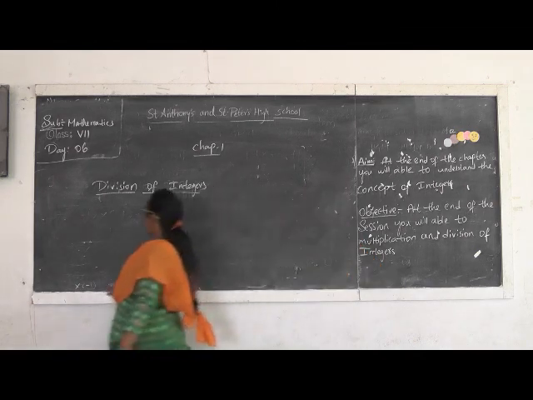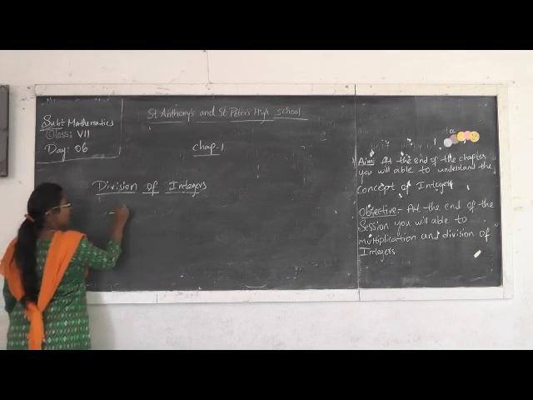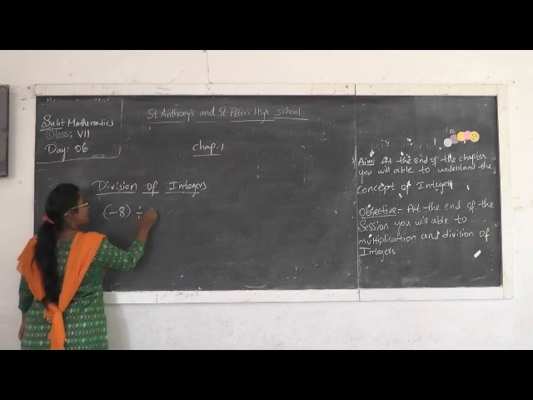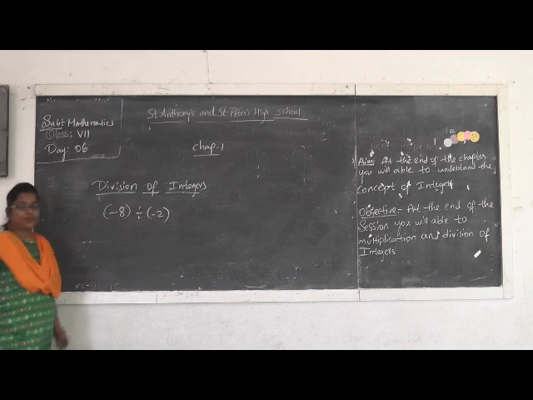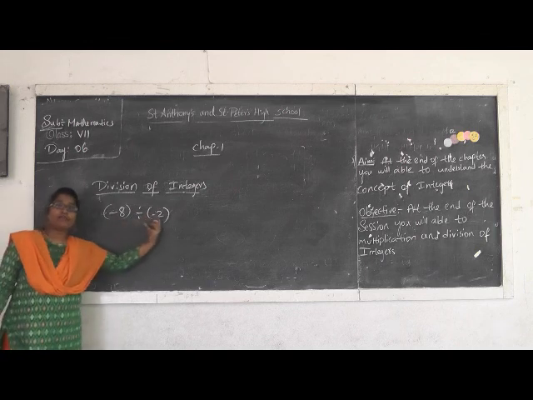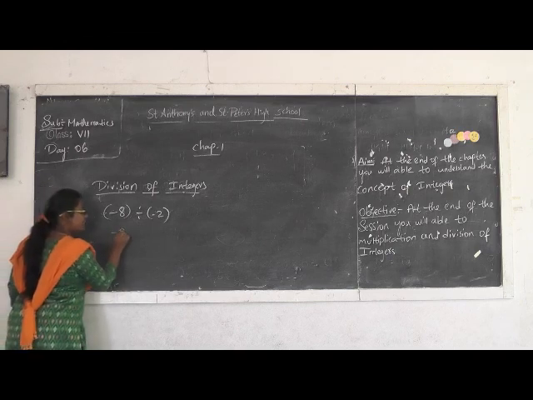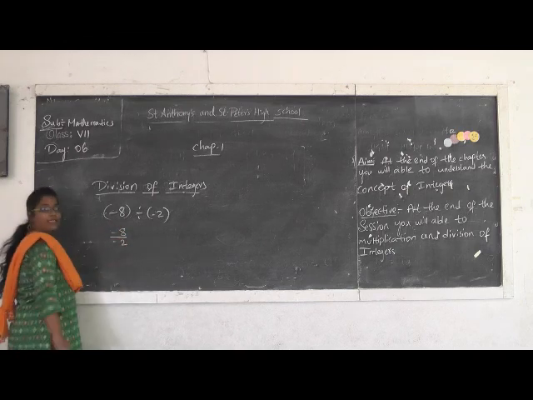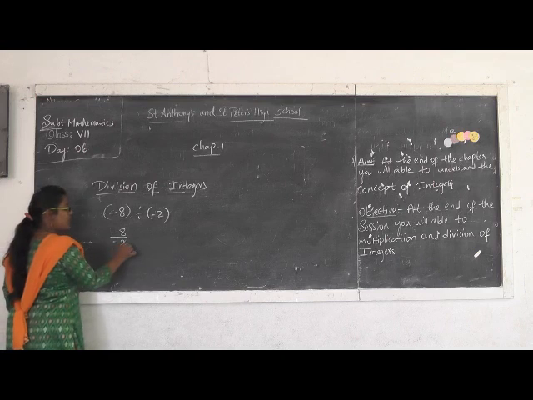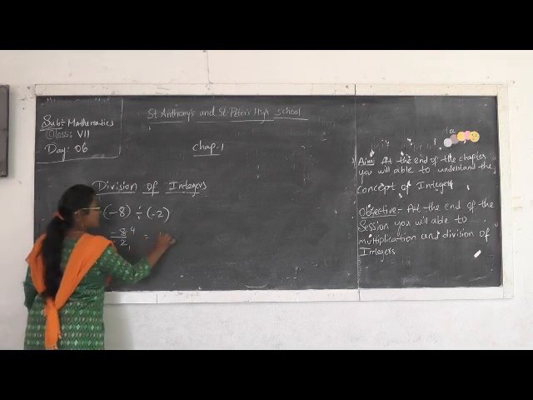Let us check now. First, if we are dividing minus 8 by minus 2, what is the process? Minus 8 should be divided by minus 2. 2 ones are 2, 2 fours are 8.